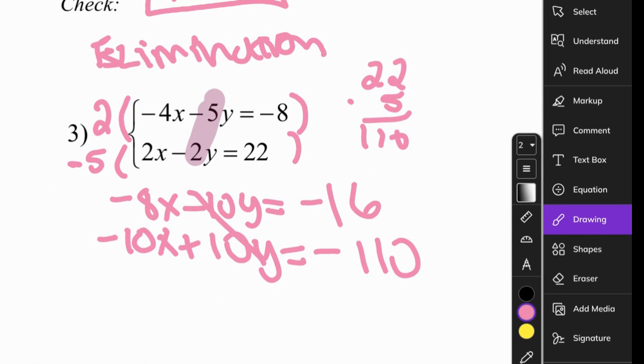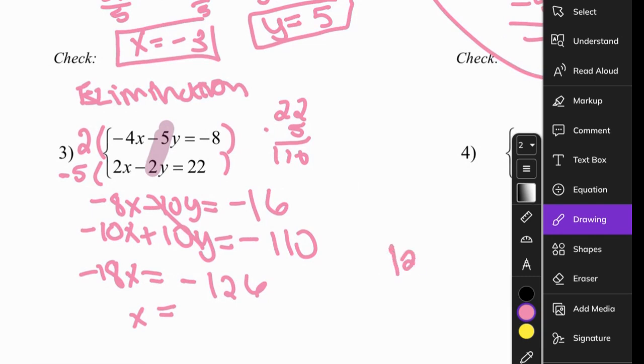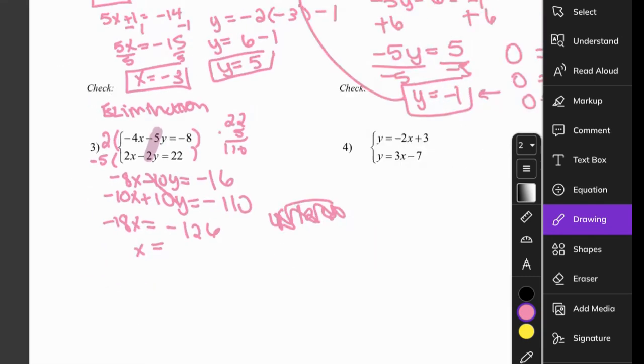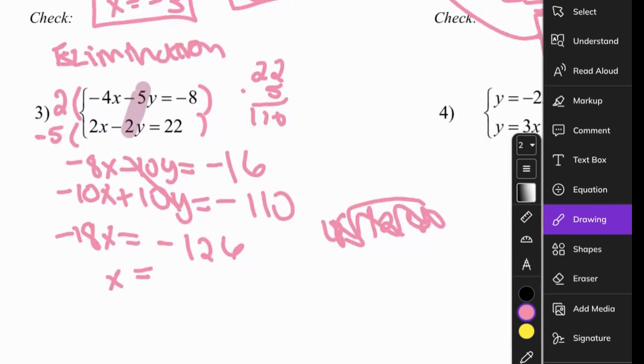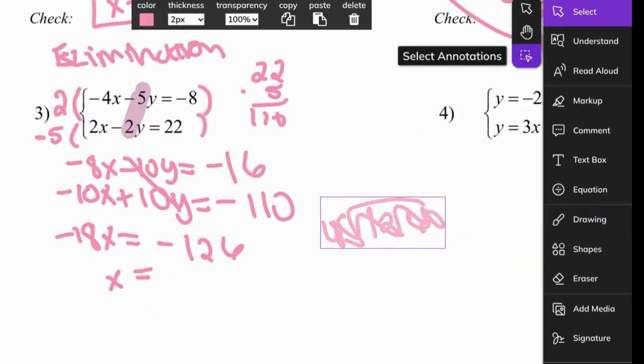Get rid of this variable, and then we have -18x equals -126. Which I believe we get the answer of, I don't know what that is, but we get the same answer as the other one.